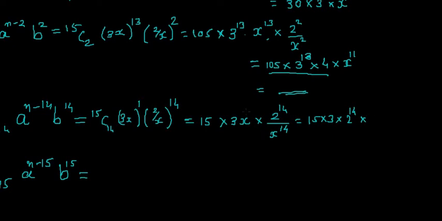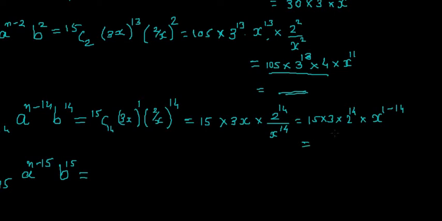So one in the numerator, that is x raised to 1, and one in the denominator, that is x raised to 14. Now if you simplify this power by laws of indices, it is going to be x raised to 1 minus 14, because the numerator has 1 power and the denominator has 14 power.